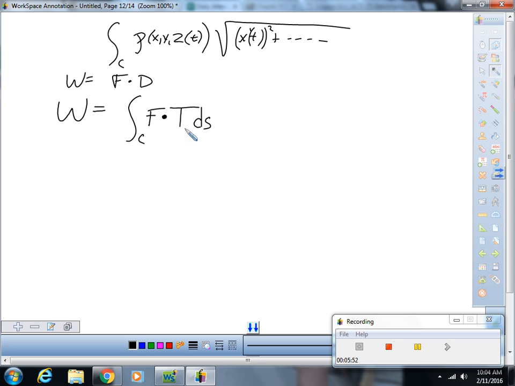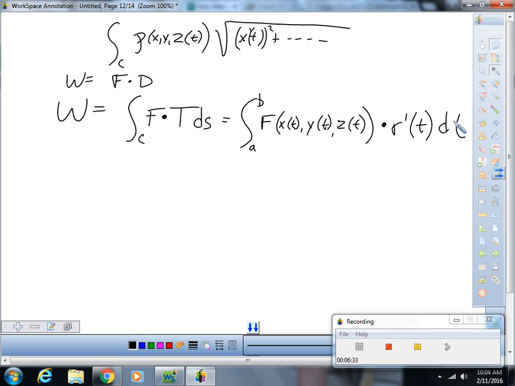Okay, so that's the same thing as the integral from a to b of f of x of t, y of t, so we're going to have to make those parametrics again, z of t, dot r prime of t, all with respect to t. Okay?